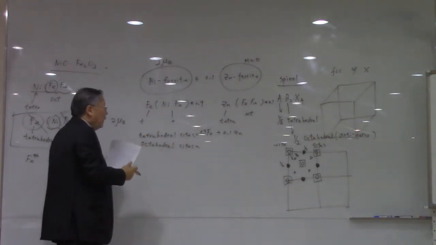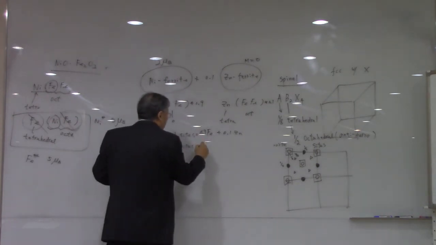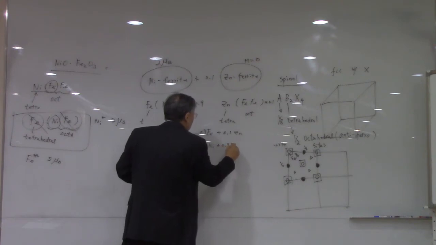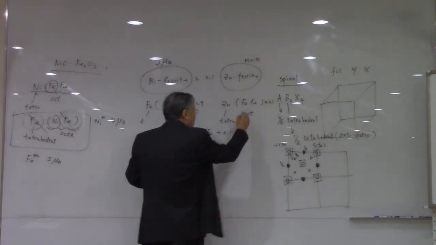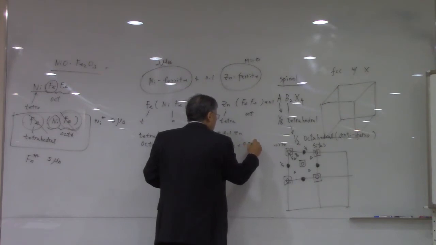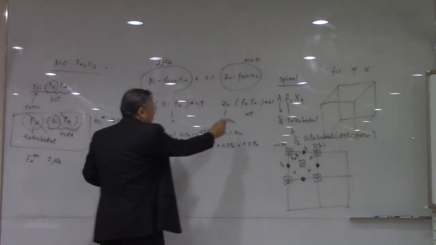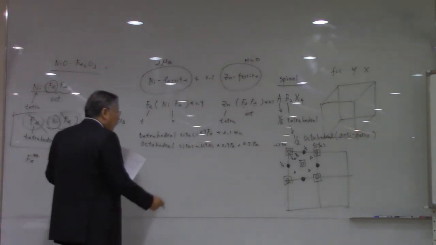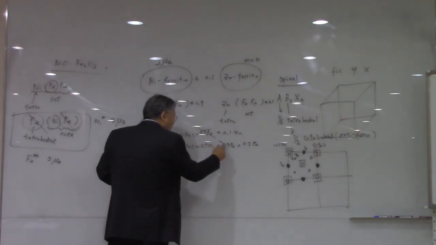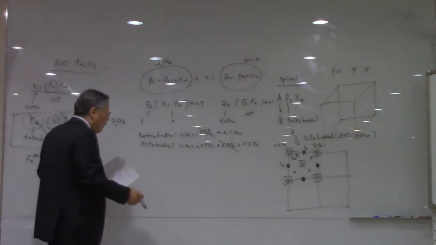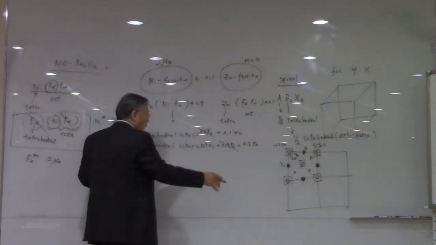And then in the octahedral site, in this mixed ferrite, we have 0.9 nickel plus 0.9 Fe plus 0.2 Fe. Here the 0.1 and 0.1, so 0.2 Fe, something like this. And then this 0.9 Fe and 0.9 Fe will show the antiparallel ordering, so that it's going to be null.